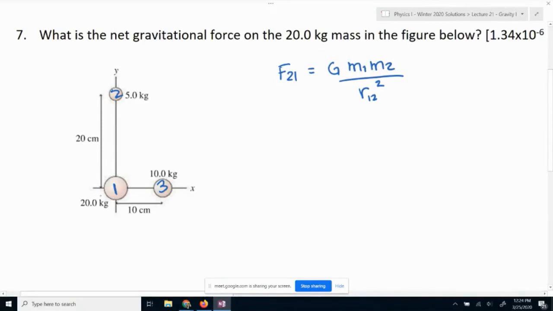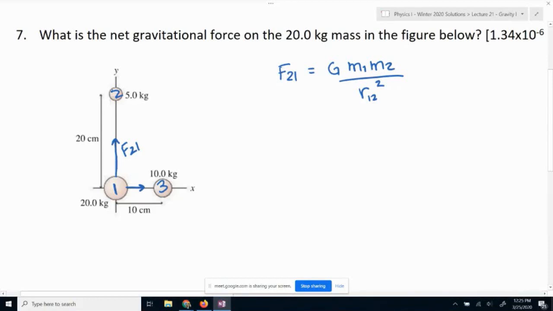So we are drawing a free body diagram of mass 1. Mass 1 is attracted to mass 2. So this is the force that 2 exerts on 1. What about mass 3? Is 1 attracted to 3 or is it repelled from 3? Attracted. Yeah, it's always attracted. When you take physics 2, you're going to do a similar thing, but you're going to be talking about charges.